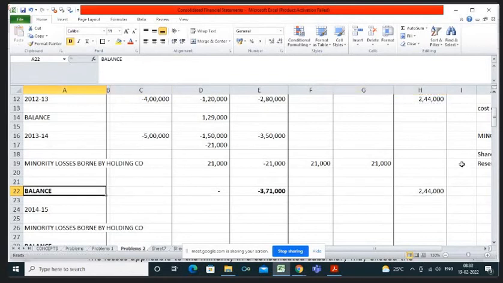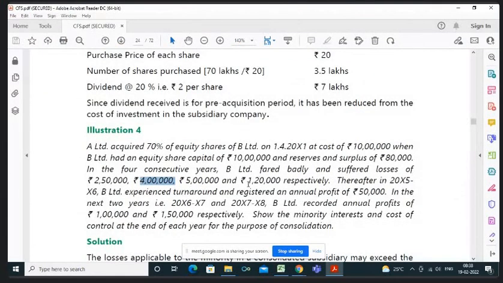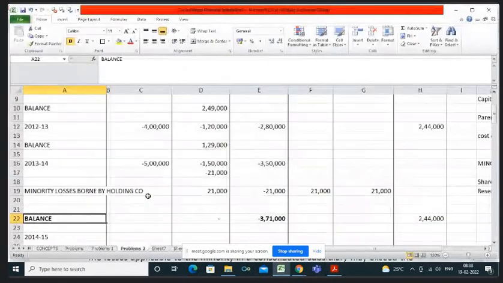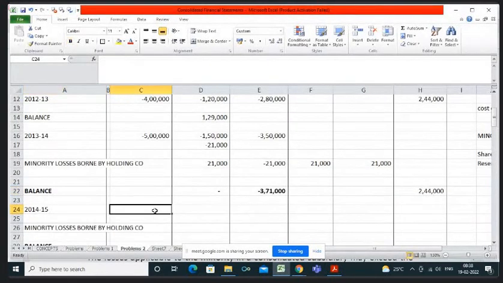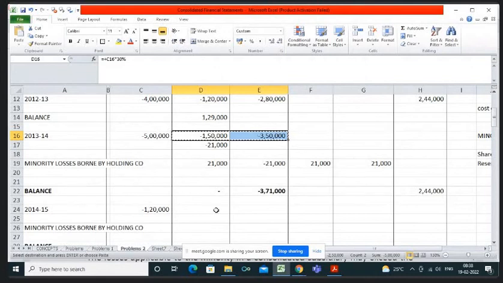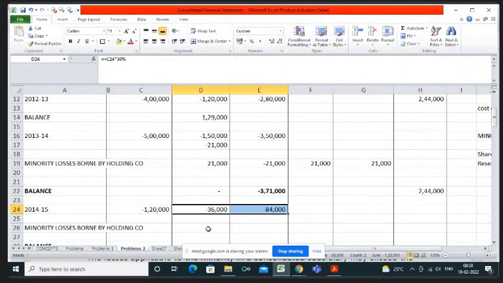Then we'll move on to the next year. Next year, again, there is a loss of 1,20,000. Minus 1,20,000. They will have to share in the ratio of 30% and 70%.